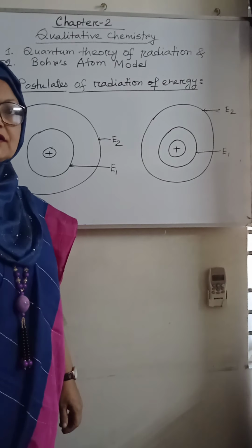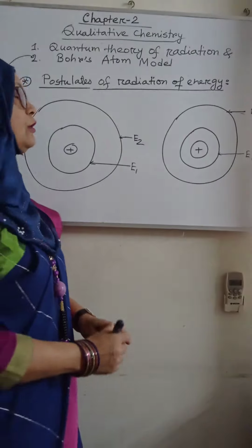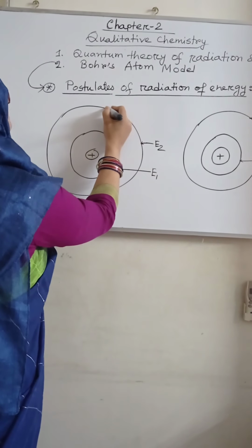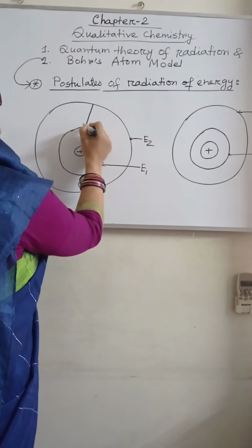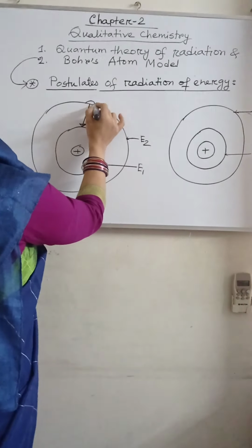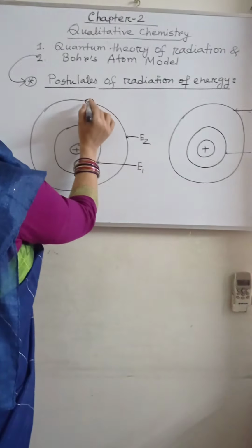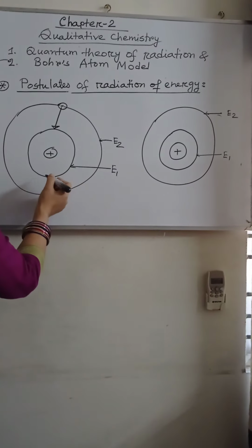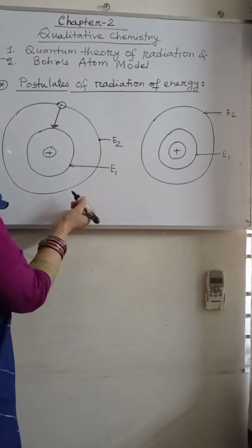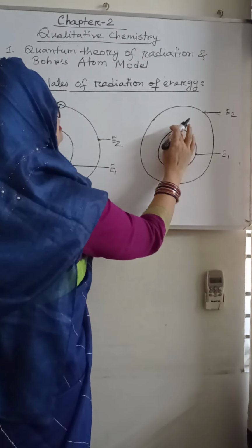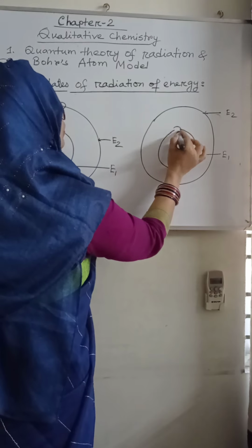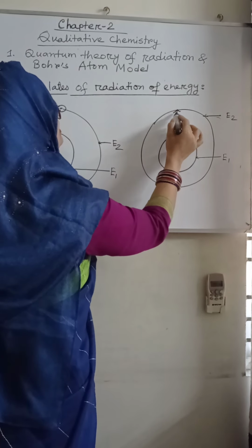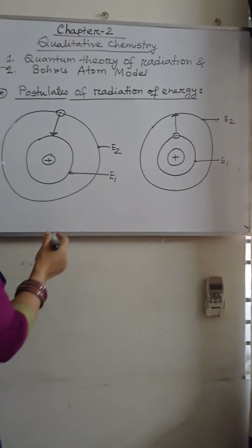If the electron jumps from a higher energy level to a lower energy level, look at the figure please, then it radiates energy. On the other hand, if an electron jumps from a lower energy level to a higher energy level, then it absorbs energy.